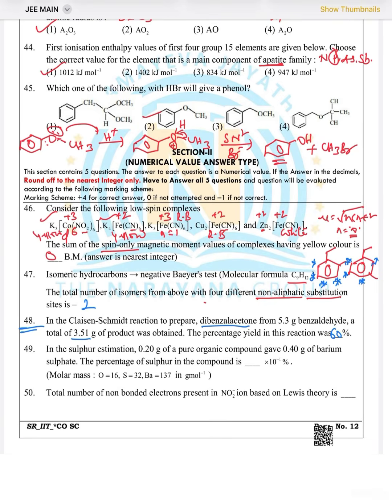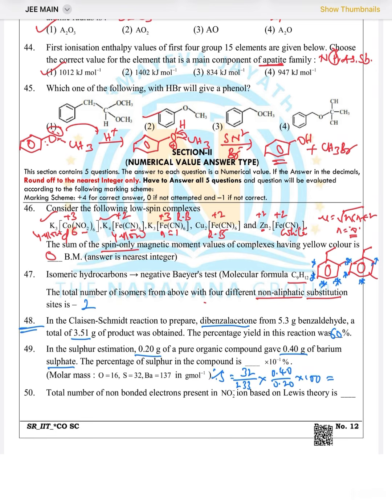In the sulfur estimation, 0.20 grams of pure organic compound gives 0.40 grams of barium sulfate. The percentage of sulfur in the compound is dash into 10 to the power of minus 1 percent. So the percentage of sulfur equals its atomic weight, 32, by the molecular weight of barium sulfate, 233, into the weight of barium sulfate found, 0.40, by the weight of organic compound, into 100.